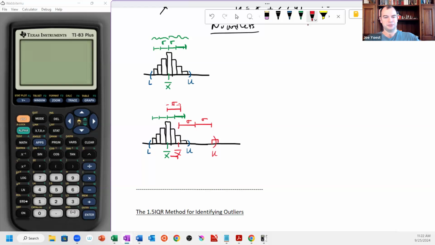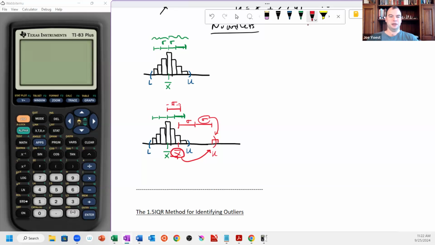What is the problem? Well, the problem is that the mean is affected by outliers, the very thing that it's trying to help identify. And the standard deviation is tremendously affected by outliers. Again, the very thing that it's trying to identify. In the presence of outliers, the standard deviation gets much bigger, making my lower to upper bound interval much wider. Just from the presence of a single outlier, it gets much wider.